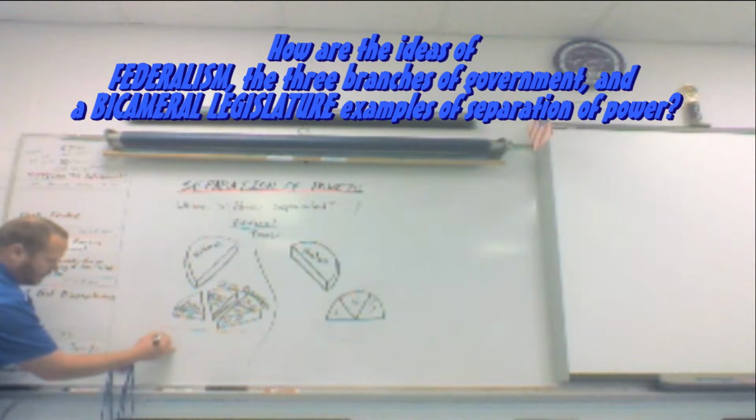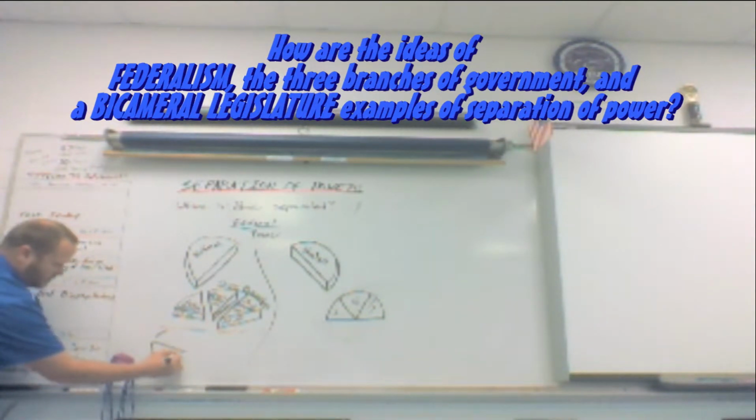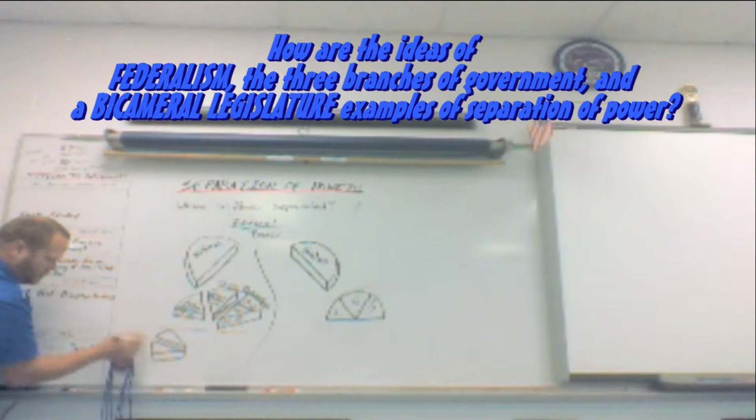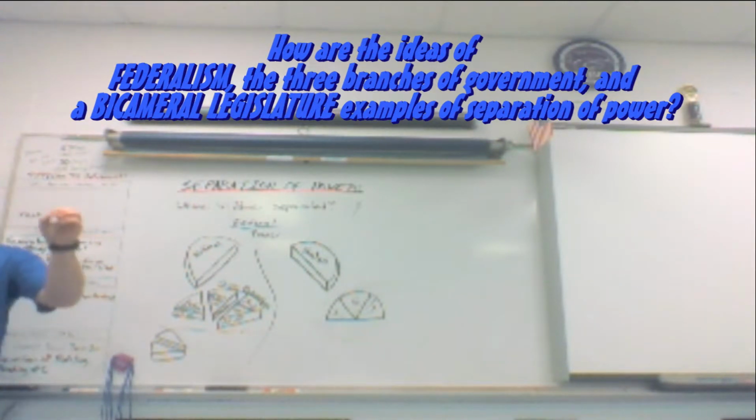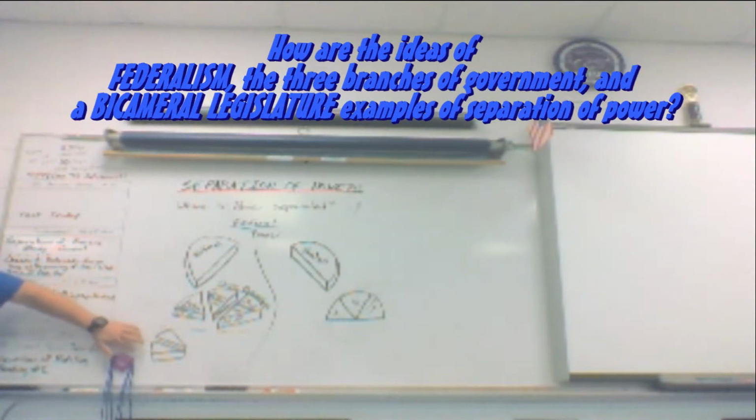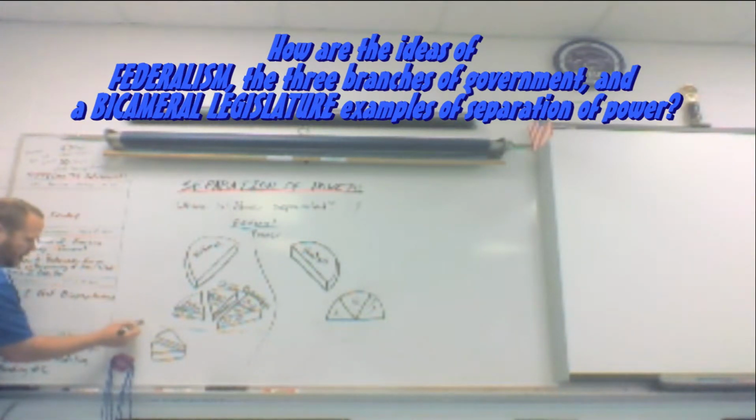Their piece of the pie is split into 2 more separate, pretty much co-equal parts, isn't it? Remember what's this called when you have 2 houses in Congress or the legislative branch? A bicameral legislature. So that would be the 3rd part to this answer.